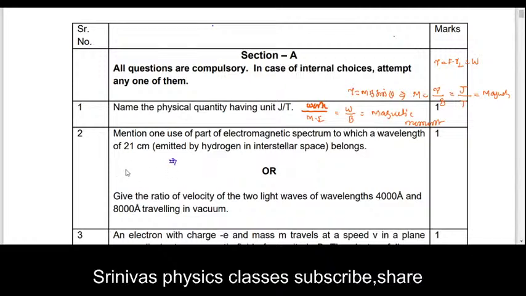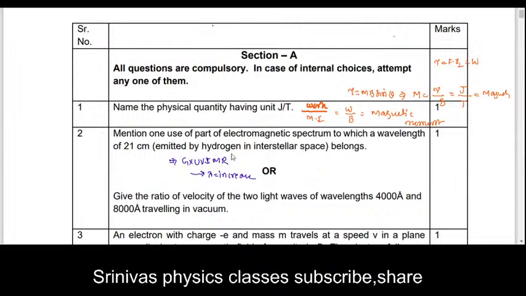I gave a code to remember the electromagnetic waves in increasing wavelength: GXUVIMR. Wavelength increases as you go to the right side. G means gamma rays, X means X-rays, U means ultraviolet, V means visible, I means infrared, M means microwaves, and R means radio waves.